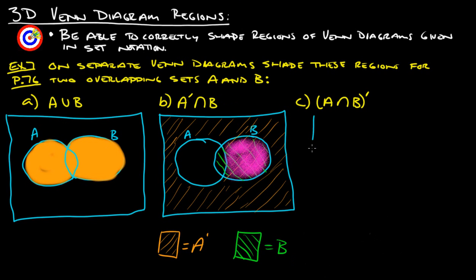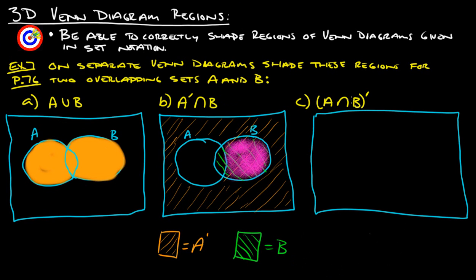So it's the complement of A intersect B. So there is A, there's B, and we want to draw the complement of A intersect B. So first off, let's find where A intersect B is, and that would just be right in here. Right, so there's A intersect B.